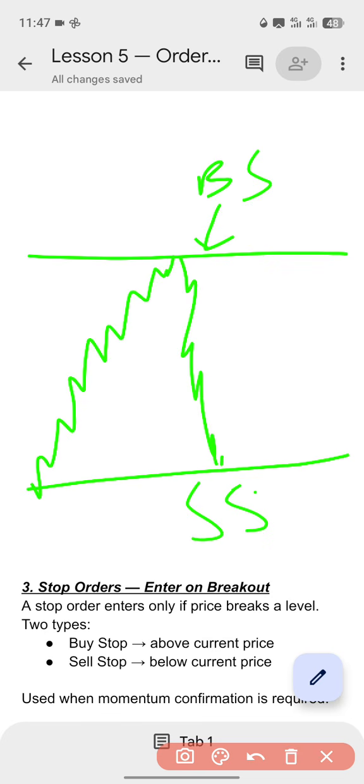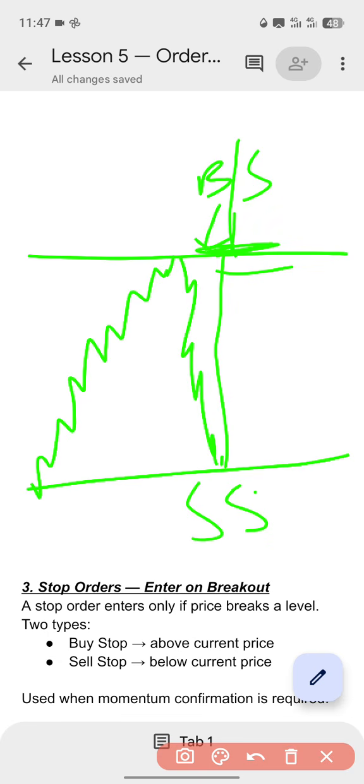This means that you are basically saying that if price breaks this resistance level, the price will continue to a certain price, rising price. So the moment the price breaks this level, immediately you are in the trade and your stop loss will be below here. Then automatically you are in the trade.